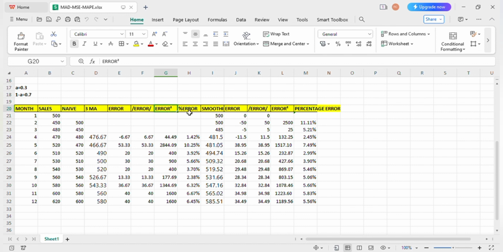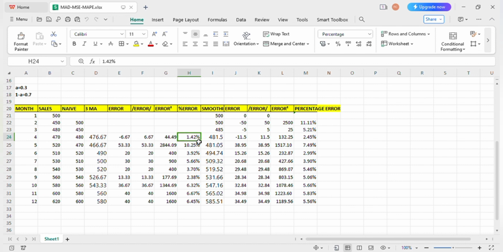And after that, let's move on to percentage error. In order to get the percentage error, we consider the absolute error here, 6.67, and we divide it by the actual sales. So 6.67 divided by 470, and the result of that, we multiply by 100 in order to get this percentage.